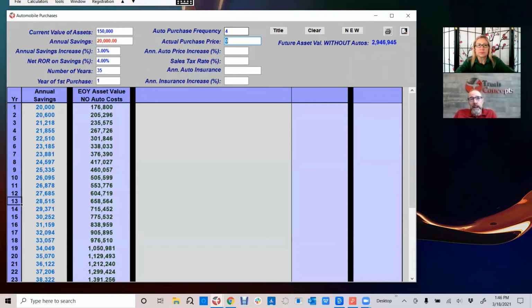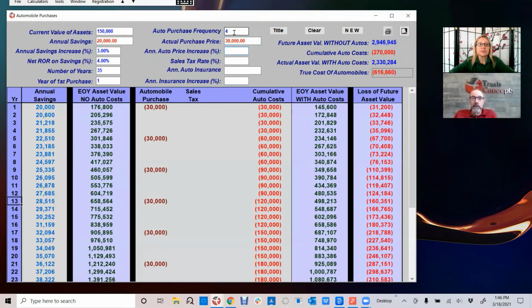And if the financing amount on the vehicles is say $30,000, not a year, but each 4 years, then over on the far right we see the future asset value without any auto purchases, which was the 2.9 million that we started with as our future potential.